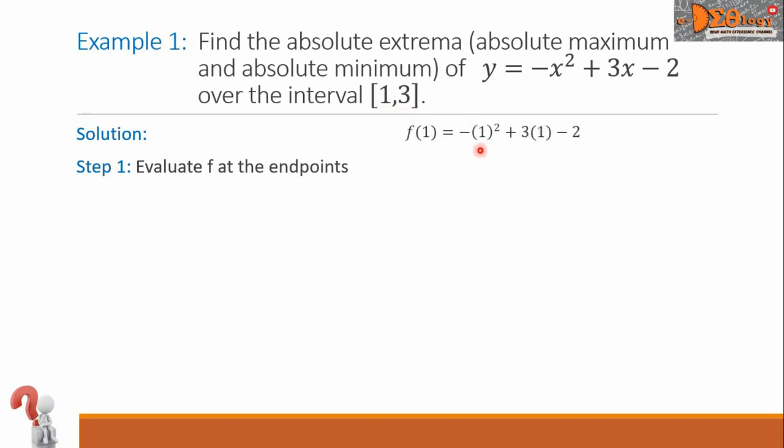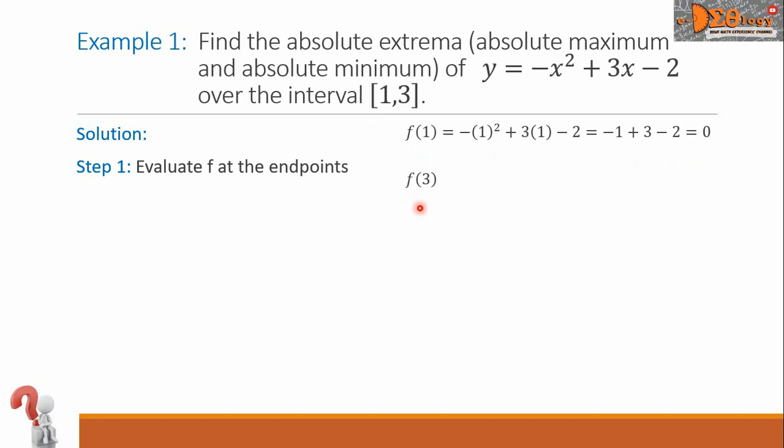So we have the negative of the quantity 1 squared plus 3 times 1 minus 2. This negative of 1 squared is simply minus 1 plus 3 times 1 is 3, then minus 2. Simplifying these three numbers, we have 0. The f of 1 equals 0.